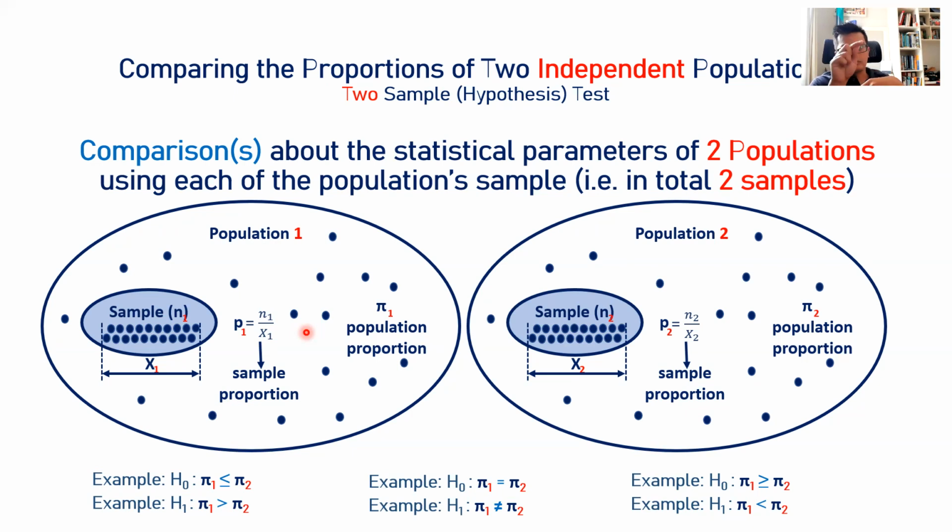So I put a blue dot there, and also in Malang I put a blue dot there. Not everyone uses Android, but we are interested in comparing the proportion. There is a uniqueness in using the proportion parameter instead of the mean parameter.